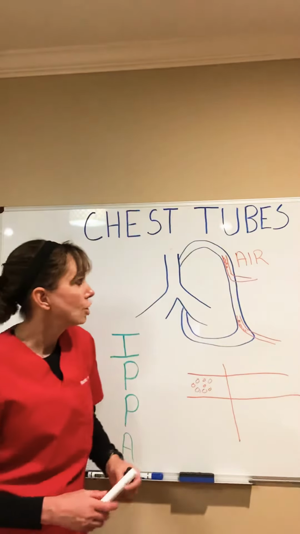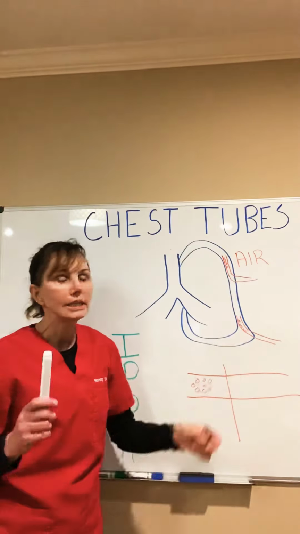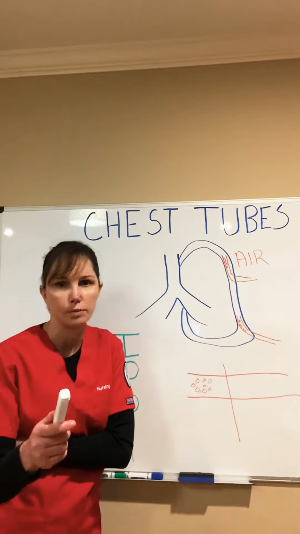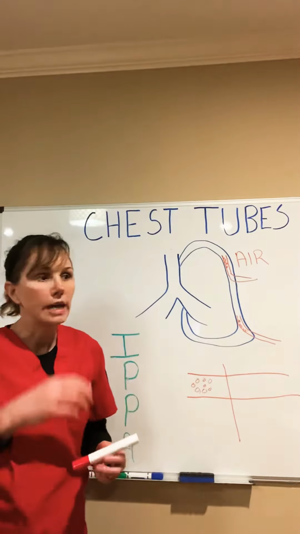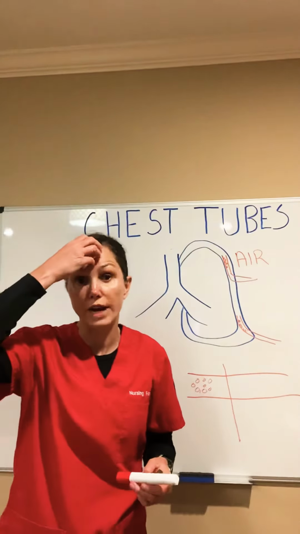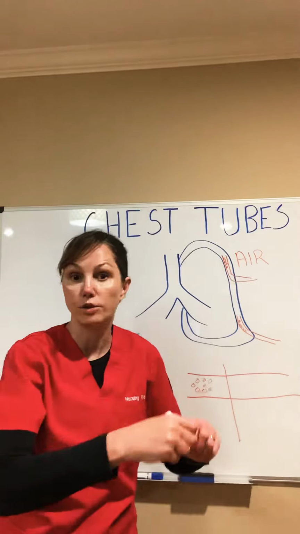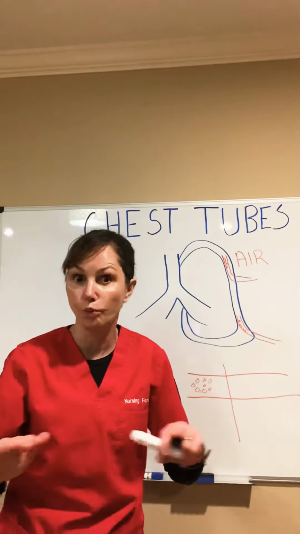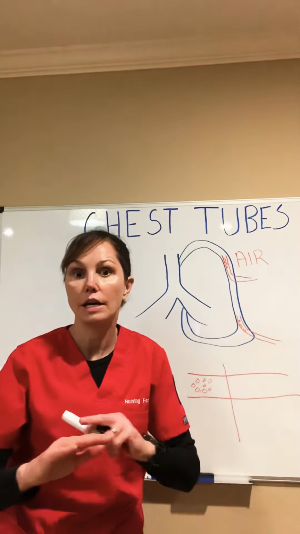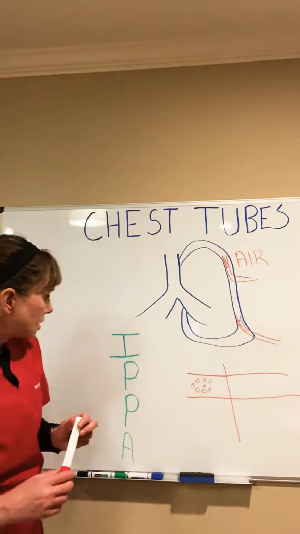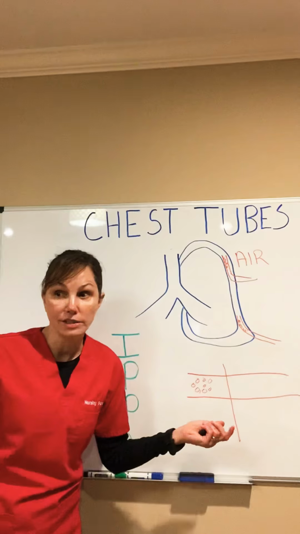The other thing is you only clamp a chest tube in rare circumstances, for example, for less than 1 minute. Say you have to change the closed drainage system. You can clamp it for a minute while you're doing that exchange, but we usually never clamp a chest tube, okay? So that about does it for chest tubes.